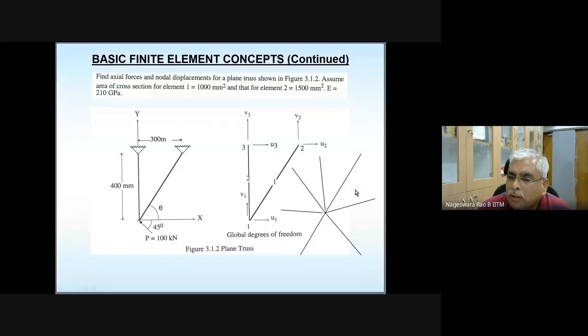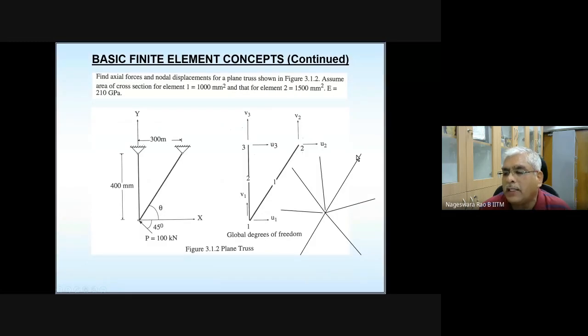And now all these points are fixed. So the corresponding rows and columns of all these points are going to be eliminated in the reduced equation system. For this problem also, whatever I have drawn here, the reduced equation system is going to be only 2 by 2 because this is a plain truss, and this is the only point which can move.